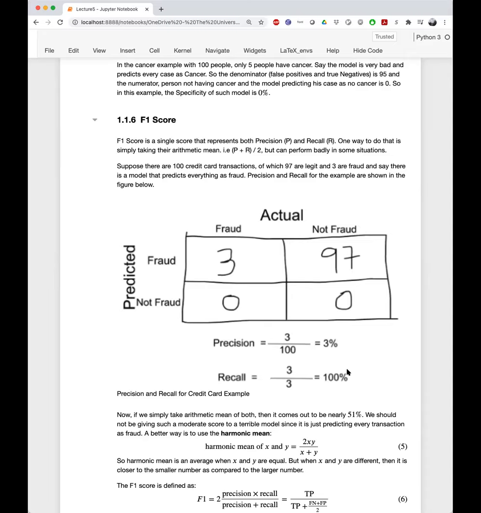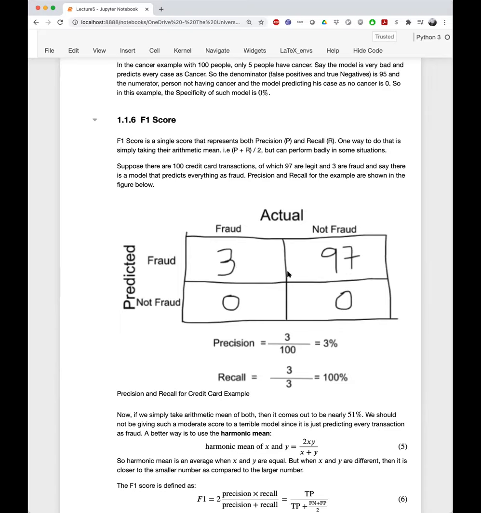You can see this is actually a pretty bad model here, because it predicts a really large portion of the cases wrongly. They are actually not fraud, but it predicts them to be fraud.